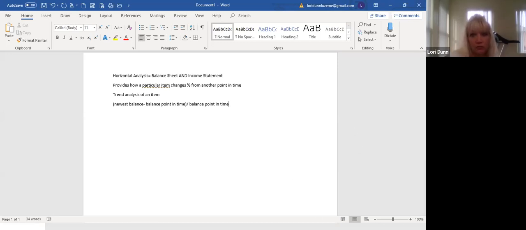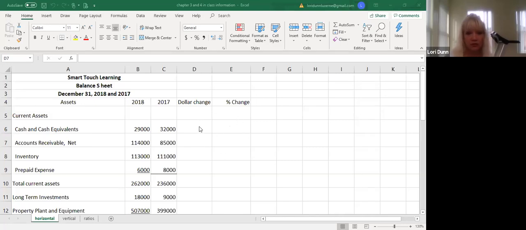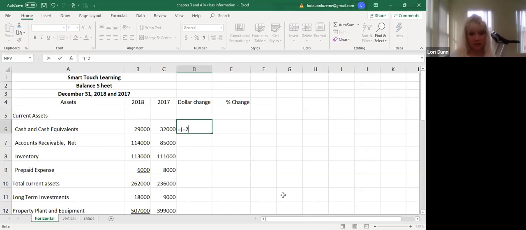So I'm going to stop sharing and go over into the worksheet. This was the balance sheet. To demonstrate it, we're going to be calculating horizontal analysis figures for the balance sheet of Smart Touch Learning. I'm just going to use the dollar numbers instead of the cell reference. The 29,000 minus the 32,000, because that's how much it changed.